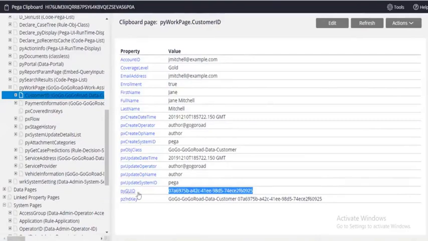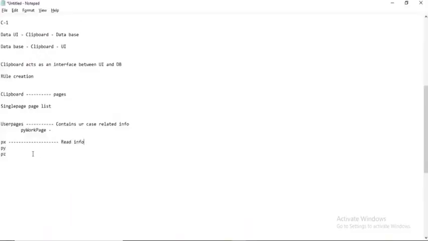PY properties you can both read and write, in the sense modification. I'll tell you how to manipulate the data; we have a data manipulation concept. I'll tell you how to modify data on the Clipboard, but you understand that PY properties we can read and write.